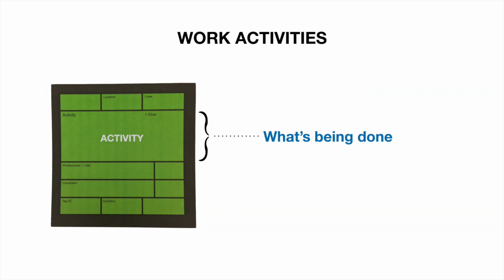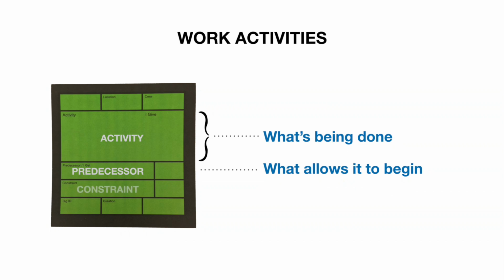And right underneath, the responsible party also notifies everyone what they need to start that activity, their predecessor or their trigger. They are in effect saying, I can't start this activity until this predecessor is completed. Or otherwise, when this finishes on Monday, I can start this activity on Tuesday.